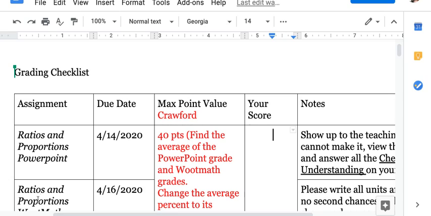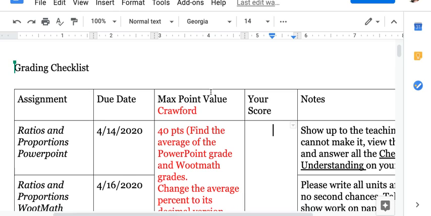First of all, whenever you get this grading checklist, you should find it copied with your name and then a minus with the Crawford grading checklist. So every week, this is how you're going to look for your grade.